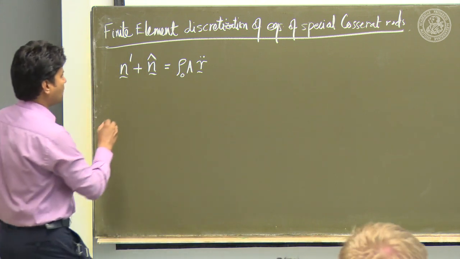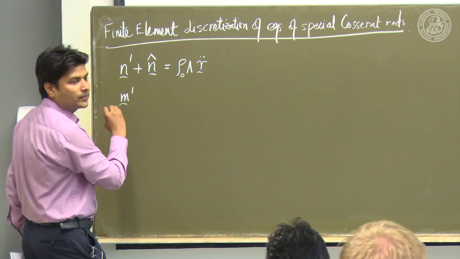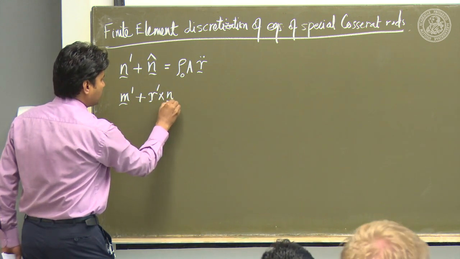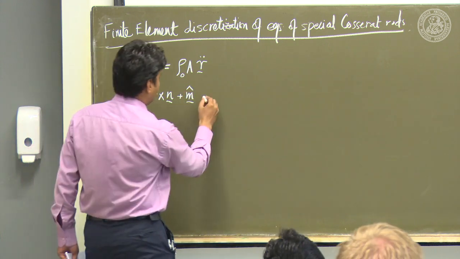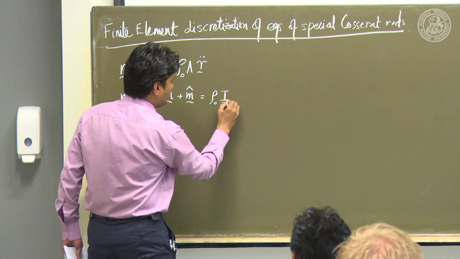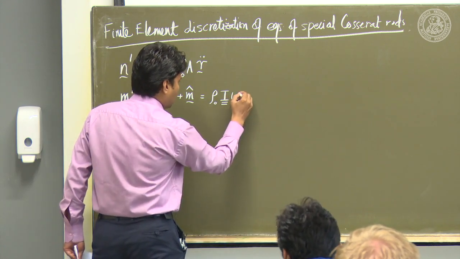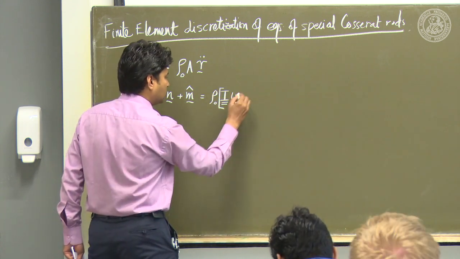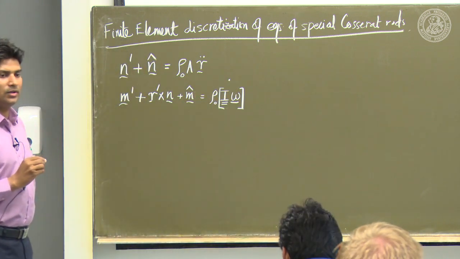That is the linear momentum balance, and the angular momentum balance is m prime plus little r prime cross n plus m hat equal to rho naught times the moment of area tensor I into angular velocity omega, and the whole thing dotted, the time derivative of that.